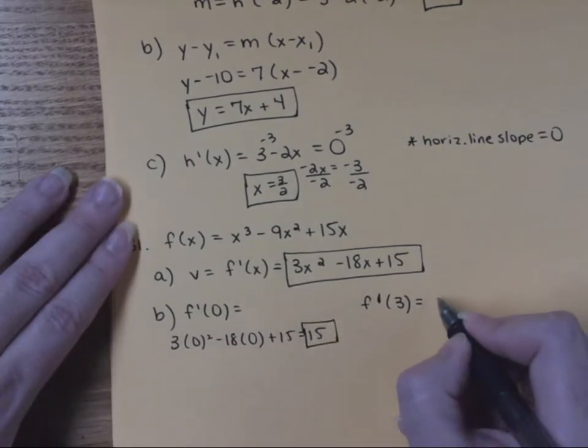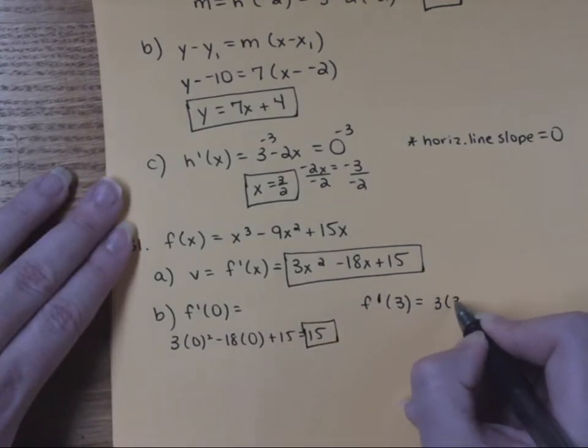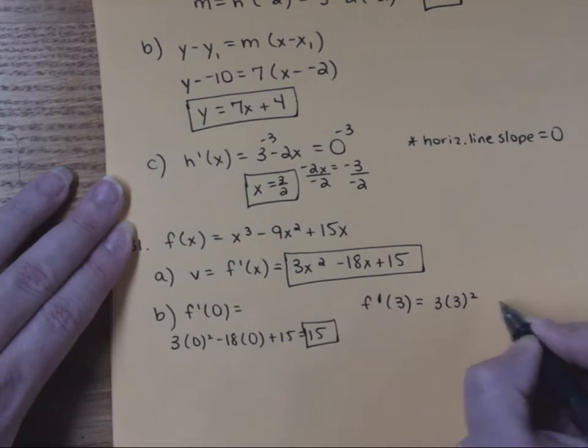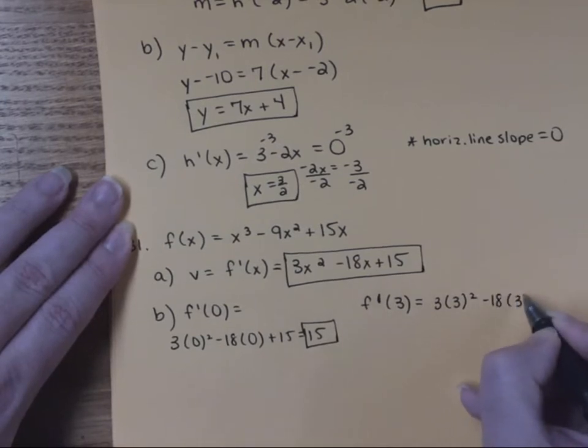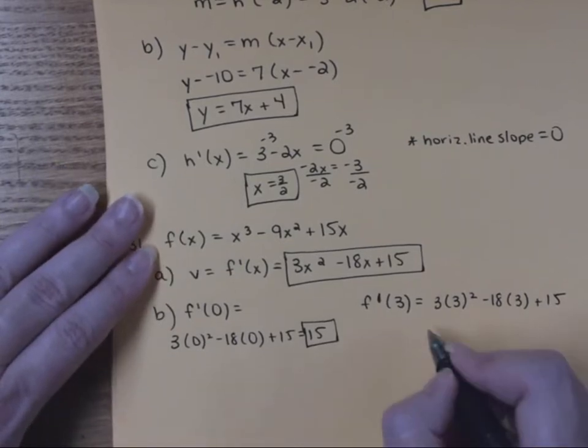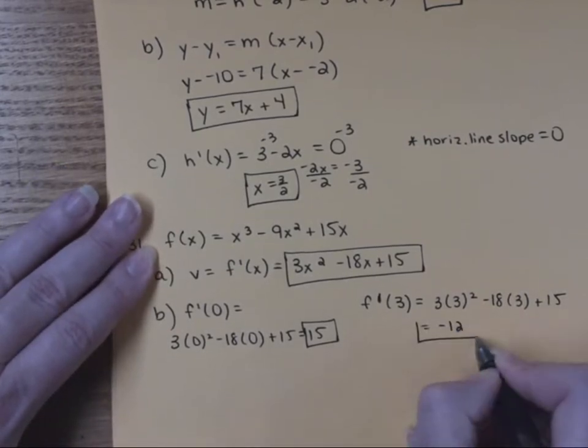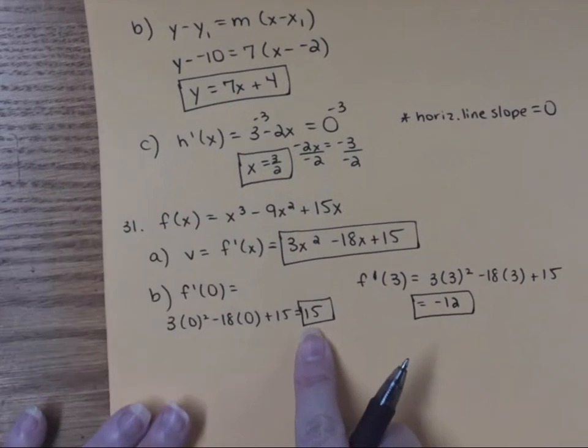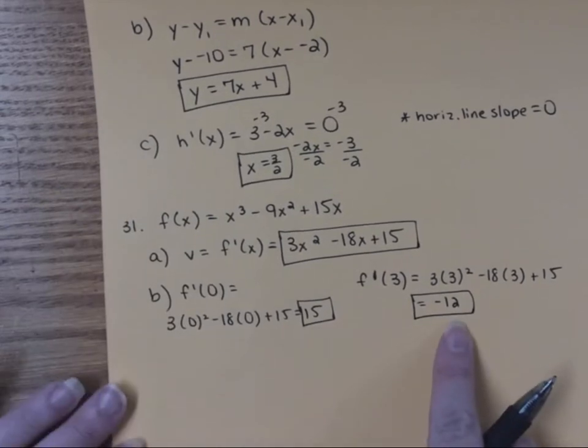And then here we have 3 times 3 squared minus 18 times 3 plus 15. So just use your calculator for that, but you'll get negative 12. So in other words, we have a positive rate of change here. We have a negative rate of change there.